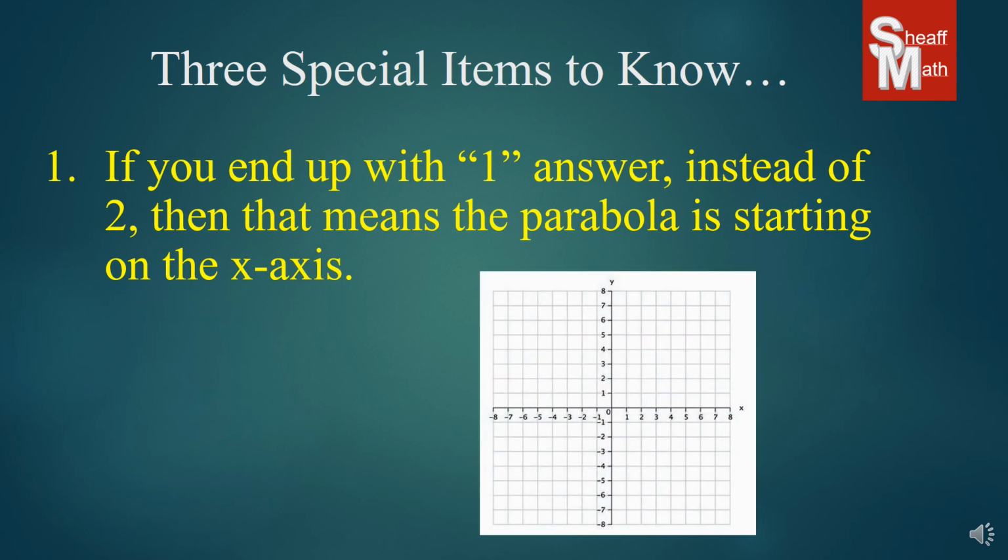So we have our graph here, and our parabola, if you notice, it starts at the x-intercept. And so it only has one place where it crosses the x-axis. And so this happens when your radical turns to 0. And you may be dealing with that or not. So that's what happens when you end up with one answer.